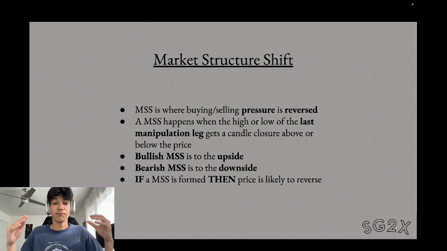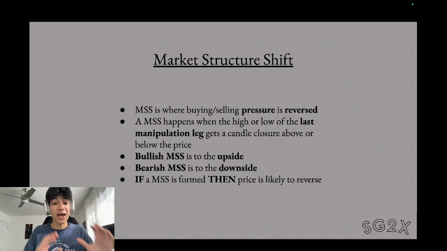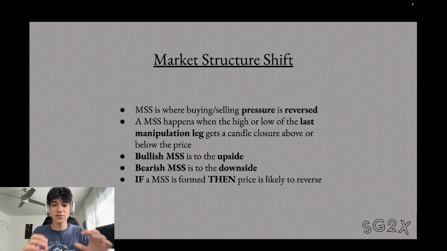Now, what a market structure shift actually looks like in the market: a market structure shift happens when a high or low of the last manipulation leg gets a candle closure above or below the price. This is a lot better shown in the charts. For right now, I really want you to think of last manipulation leg, because that's the most important part about market structure shift.